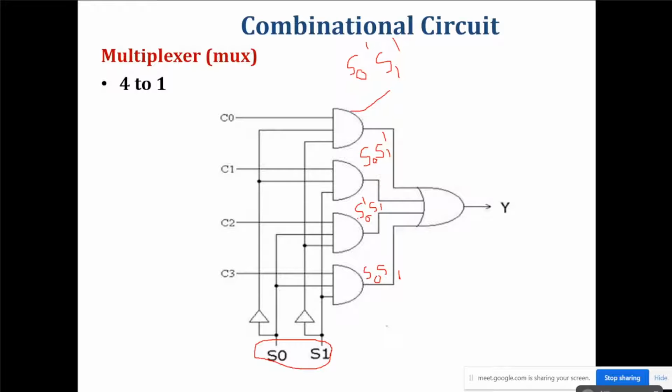And this is the ORing of all those things. So try to find out whether it is working or not.